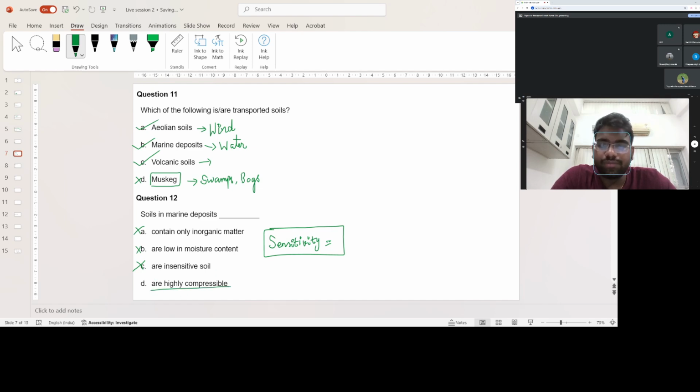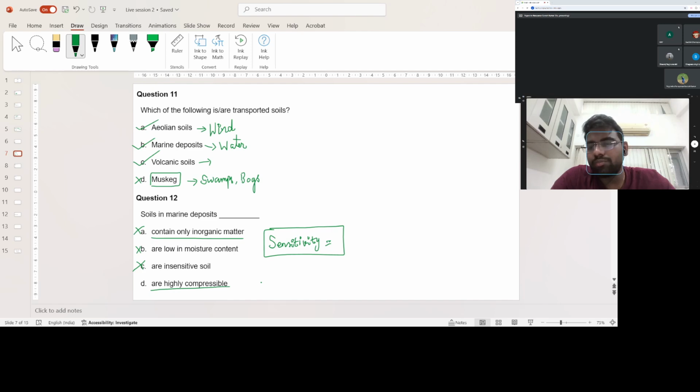Highly compressible. As I said before, since it is more sensitive, when you apply external loads, and also due to the presence of organic matter and the further decomposition of organic matter, the amount of compression that it goes through may be immediate as well as time dependent compression over a period of time.